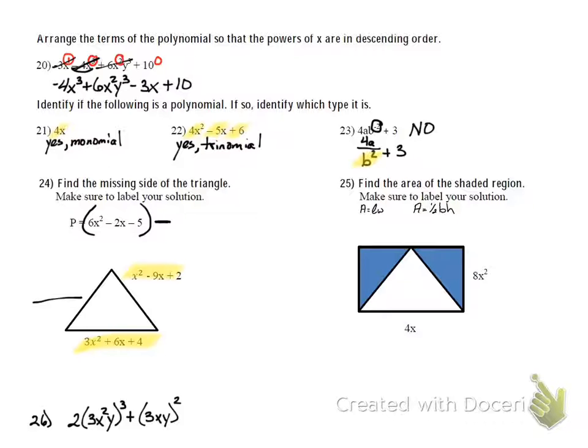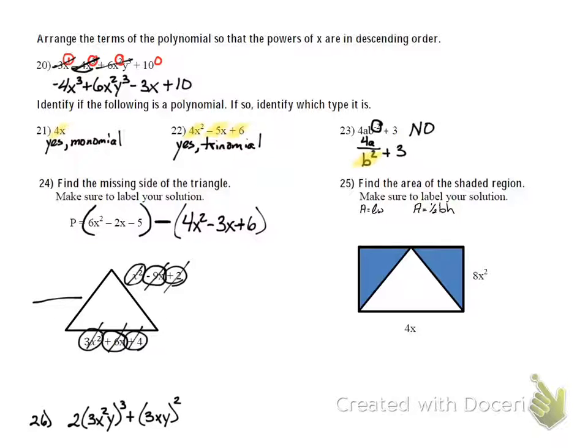Well, these two sides added together, you'll say, okay, well, x squared plus 3x squared makes 4x squared, and then negative 9x and positive 6x makes negative 3x, and then positive 2 and positive 4 makes positive 6.